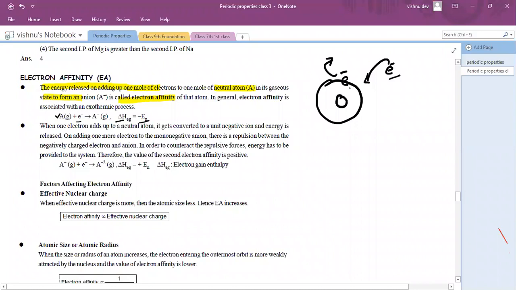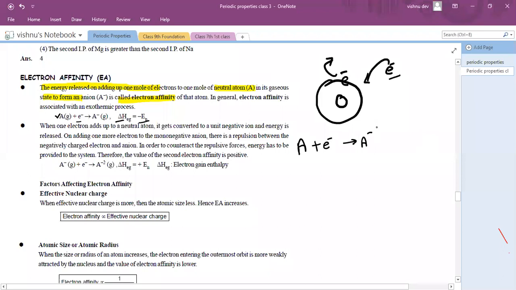Now, as I said, it may be positive or negative. That's why you should not say it will be negative always. When we talk about electron affinity, if 1 electron is added to the neutral atom, it is called first electron affinity. For example, if I'm having A plus electron, we will get A minus.